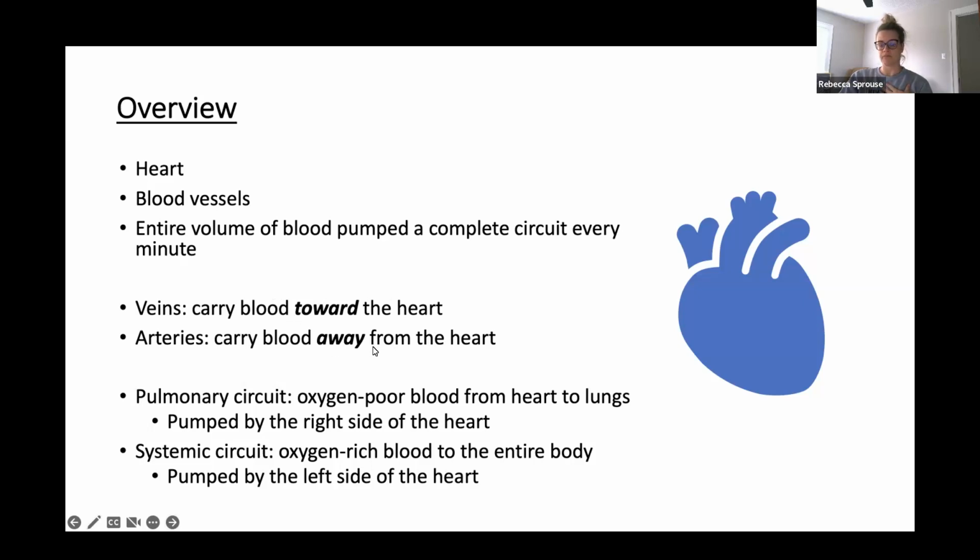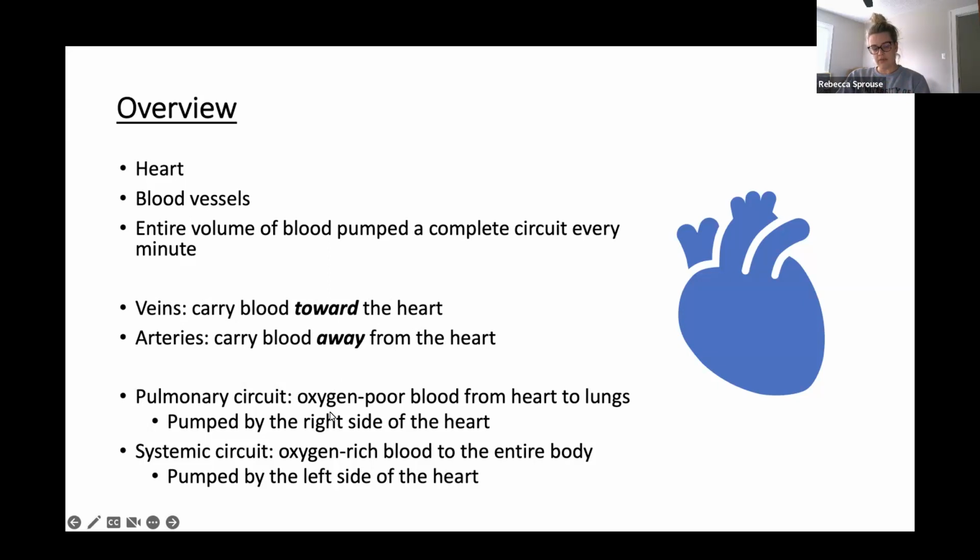If you can keep straight that there is one caveat when we get to the vasculature of the heart itself, where veins carry oxygenated blood toward the heart and arteries of the heart carry deoxygenated blood, then you can also remember the oxygenation factor to remember veins and arteries.